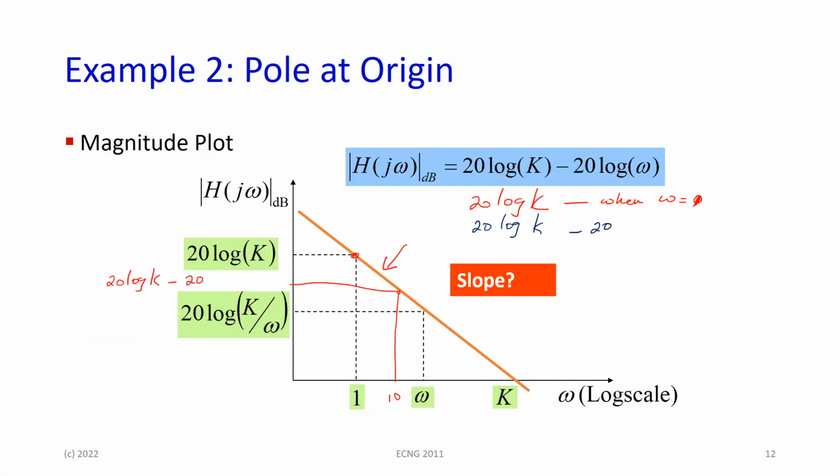So the slope or the difference is this point minus that point.